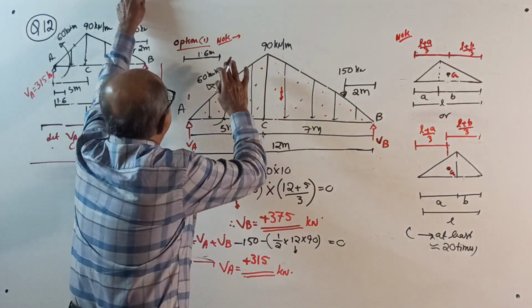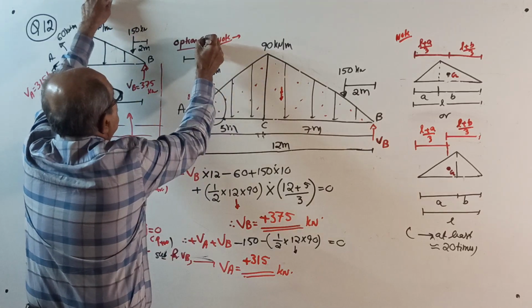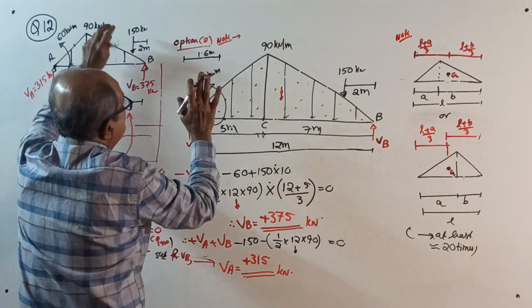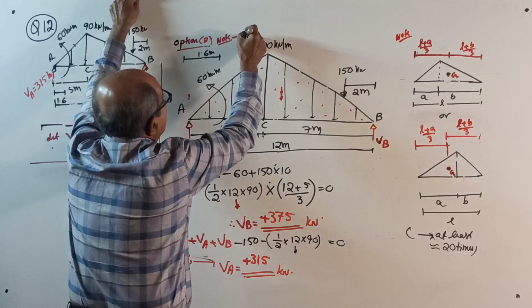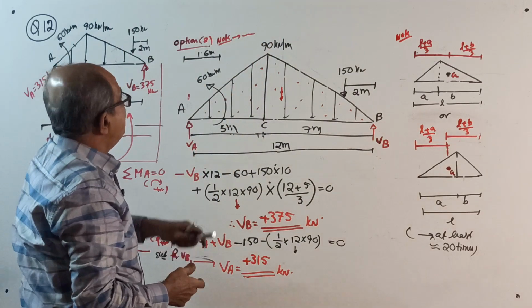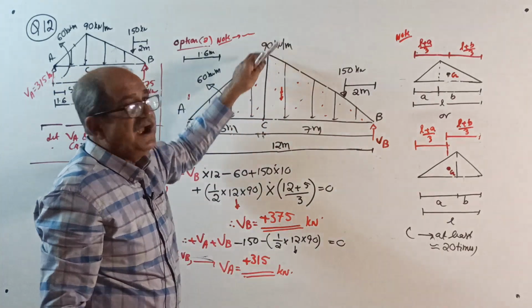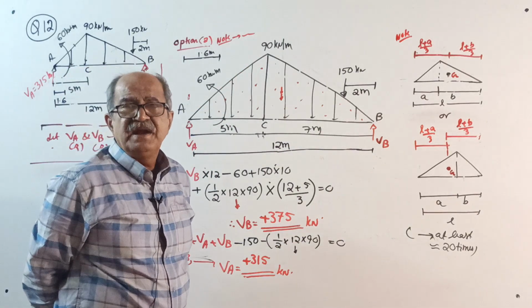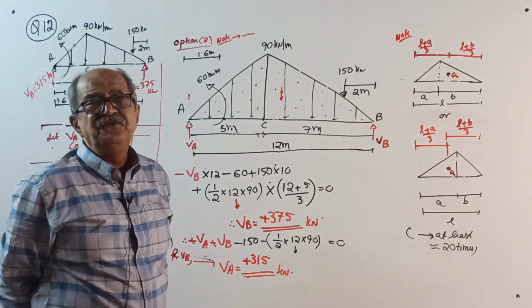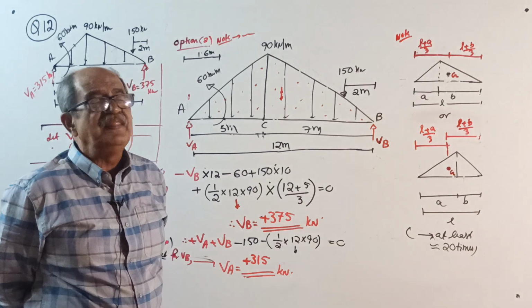Now write option 2. This will remain the same. Option 2, you write here. This uniformly varying load, which I dictated, is represented by a triangle where the maximum is not at the center of the loaded length.